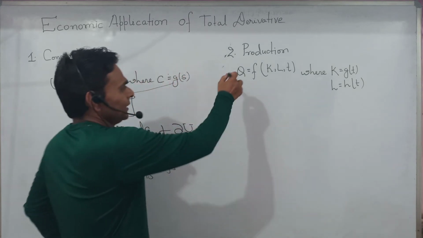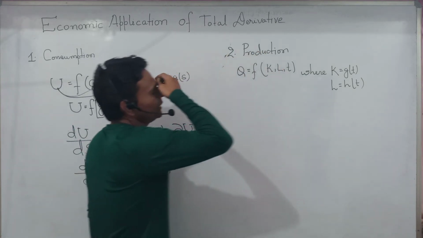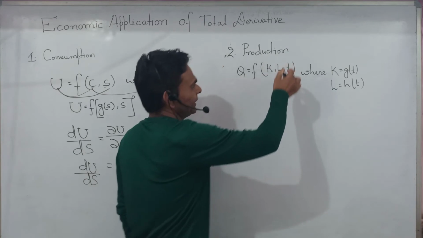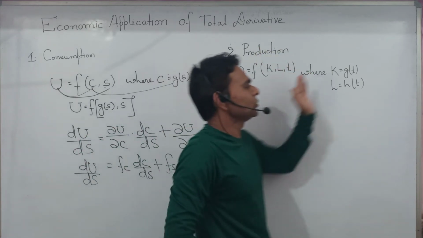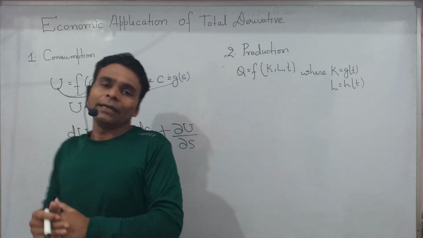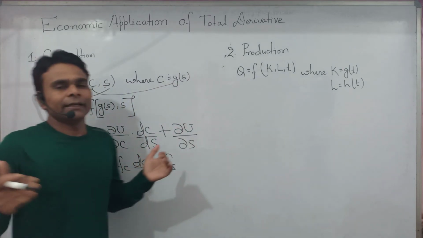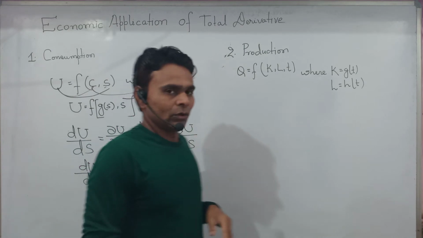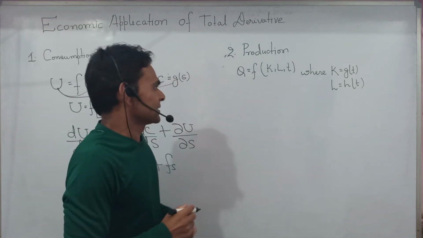So here q depends upon k and l, and k and l also depend upon time. That is, over time the quality and skill of labor and capital will automatically grow due to technical progress.